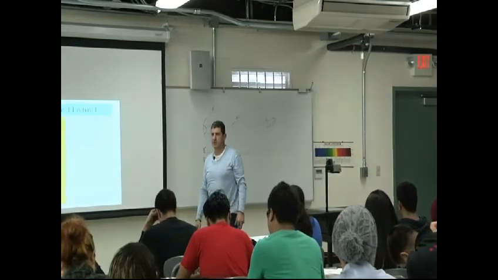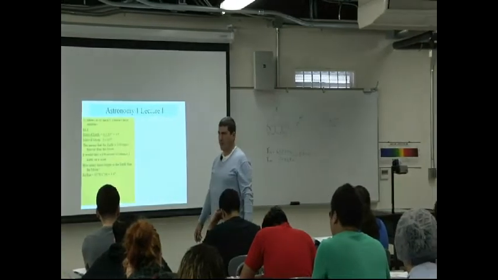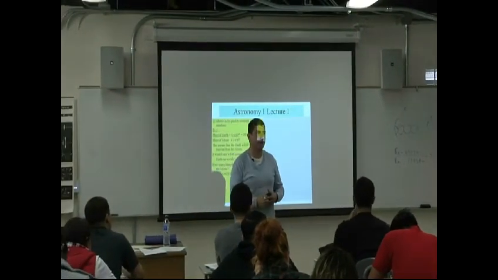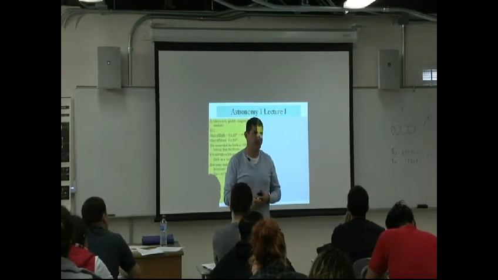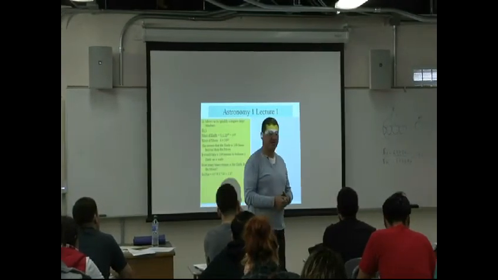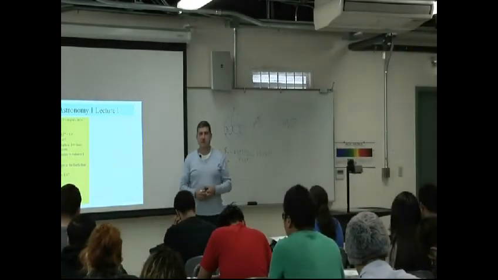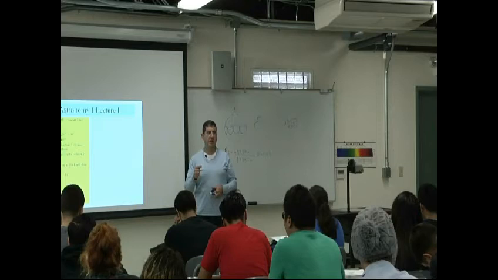Why do you think I cubed 4? Where does it come from? Anyone remember the equation for the volume of a sphere? You haven't used it for a while, right? Volume of a sphere is 4/3 pi r cubed.